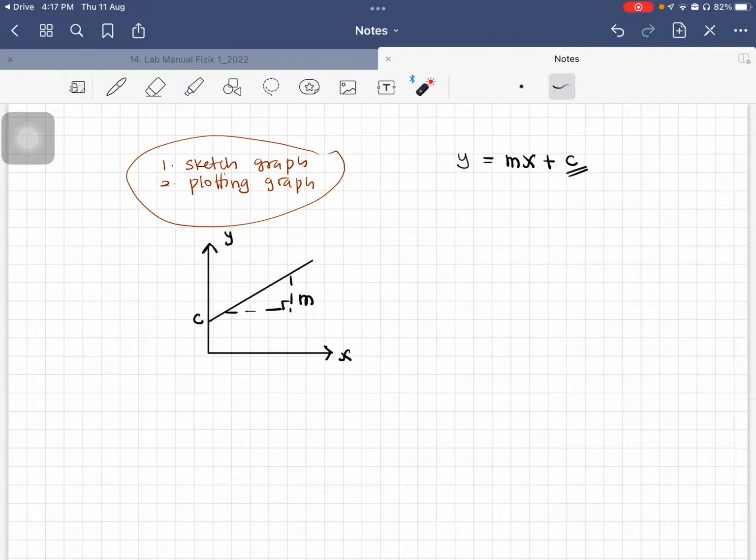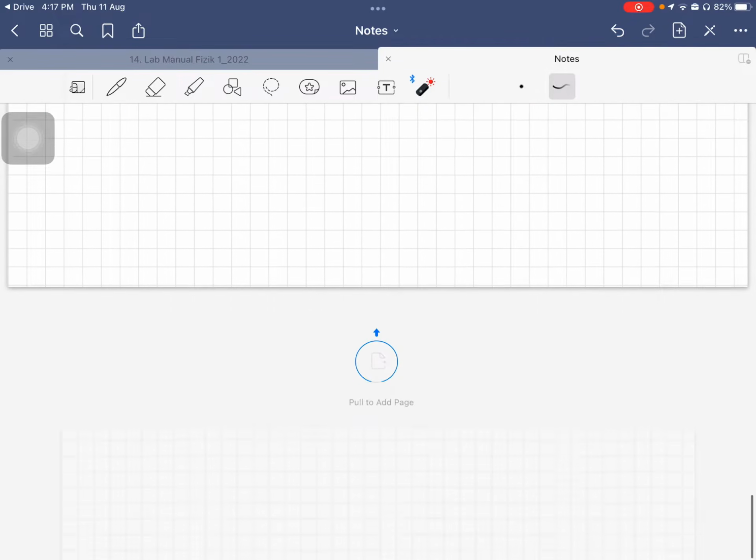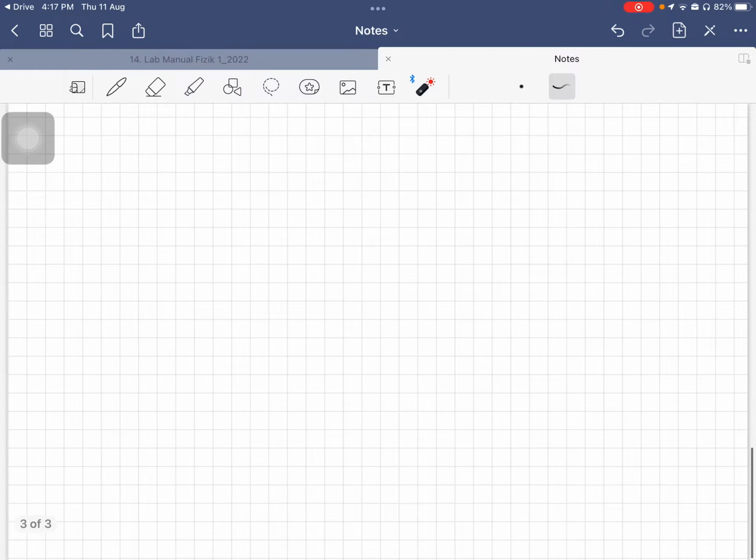For example, if you have v equal to u plus at. What is this equation? It is the equation of velocity, acceleration, and time.